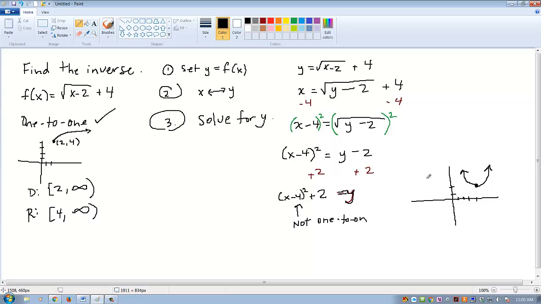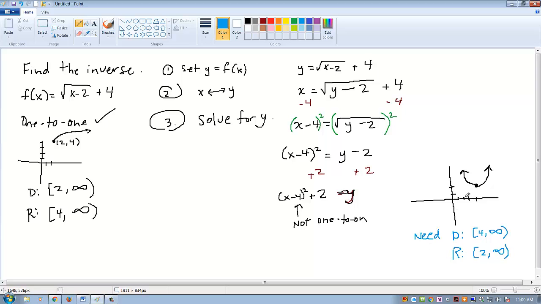So over here, I need the graph that has the domain to be 4 to infinity and range to be 2 to infinity. That's what I need.